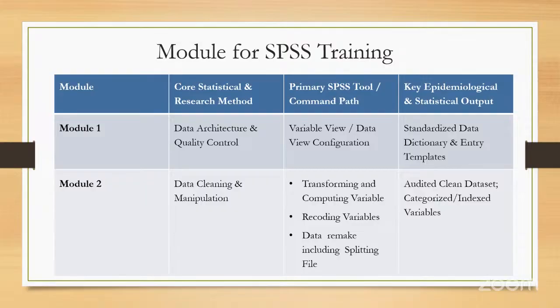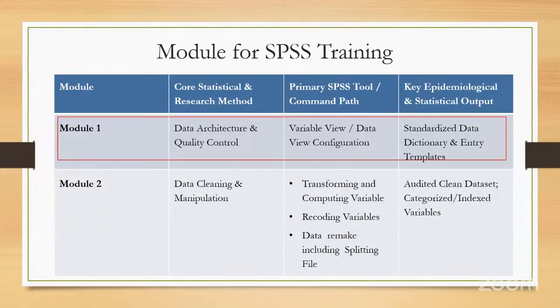And then module 2 goes into data cleaning and manipulations of your data, which essentially looks at data cleaning and data preparation for the analysis, where you are now transforming and computing your variables, recoding variables, making data remake, which includes whether you are splitting your file or filtering your file.